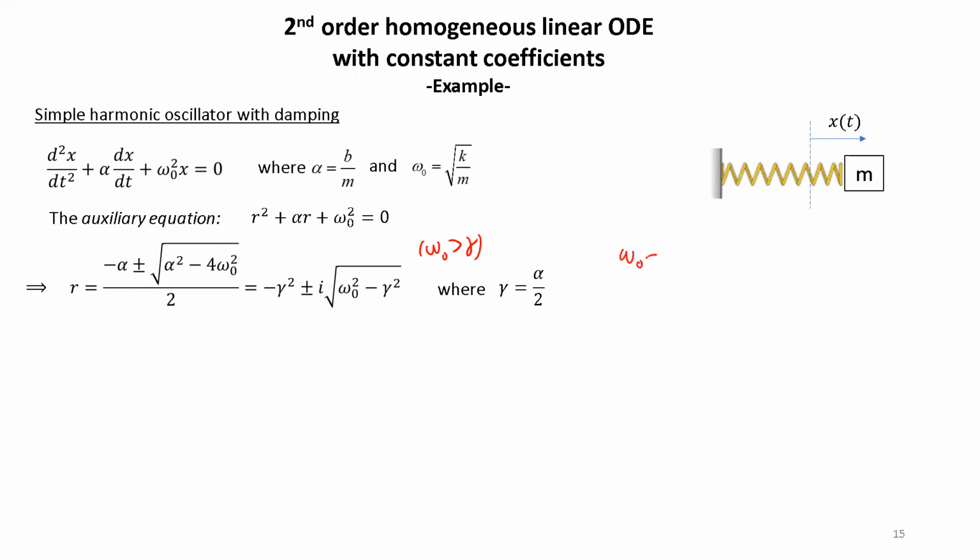If you have omega naught equals gamma, then R would just be minus alpha divided by 2. And one more case is if omega naught is smaller than gamma, then what you have is R equals minus... Hold on, this one is wrong.